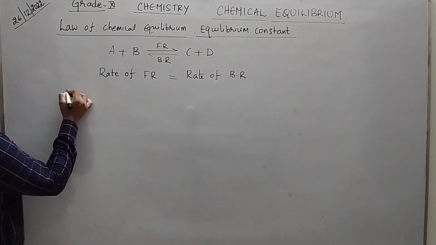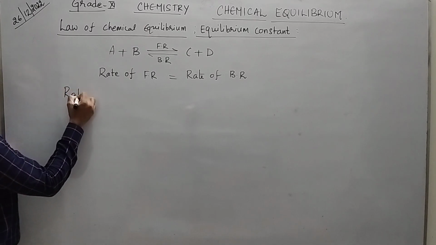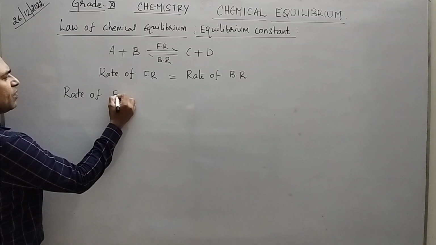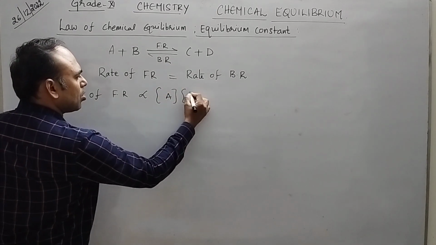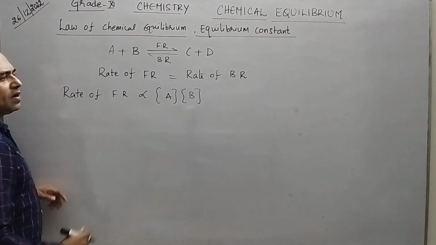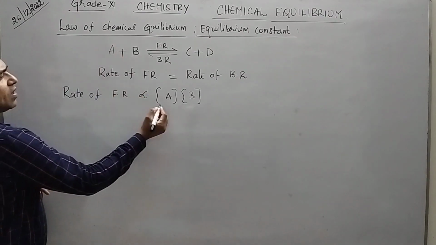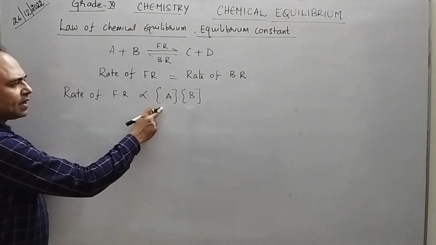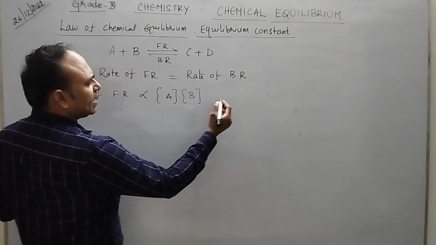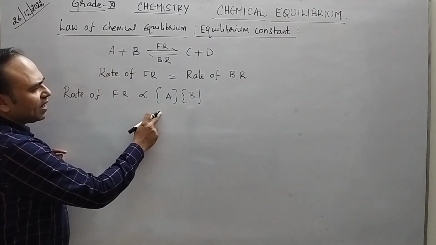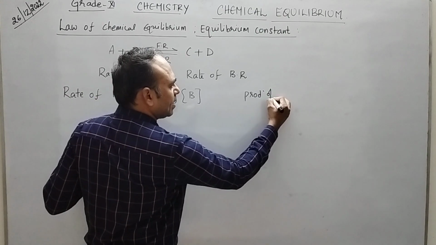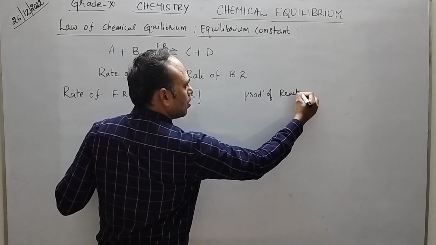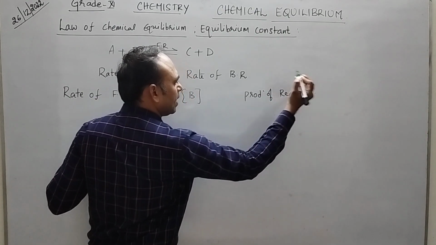It says that if you talk about the forward reaction, the rate of forward reaction is directly proportional to the product of concentration of reactants. Now you know that if you mention square brackets, it indicates the concentration. So we can write: rate of forward reaction is directly proportional to the product of reactants.